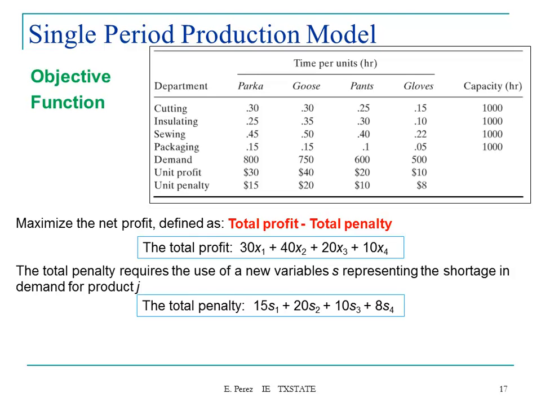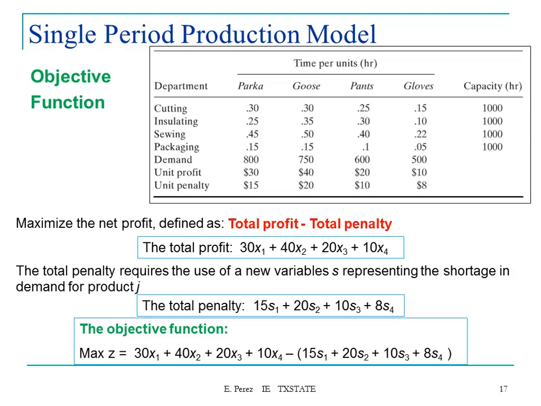So to formulate the objective function, you just have to sum the profit and subtract the actual penalties. Makes sense, right? You're going to make some profit, but if you're not able to satisfy the demand, then you incur that penalty.